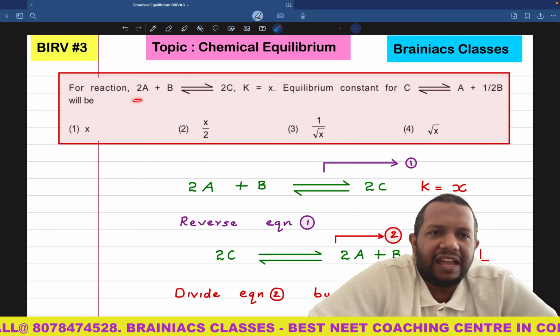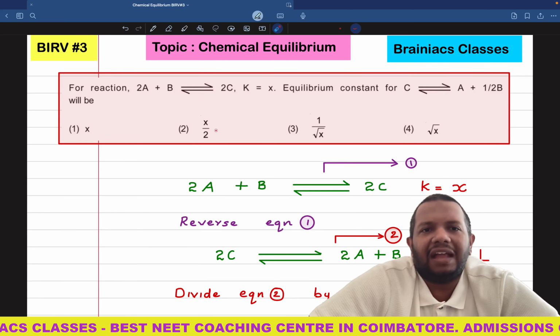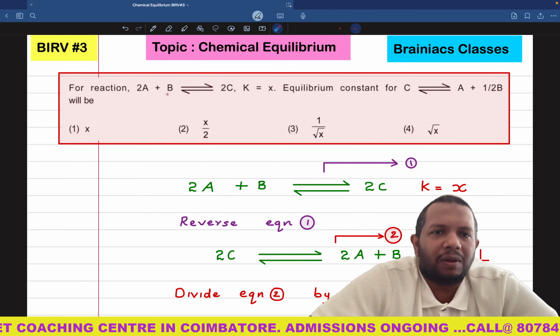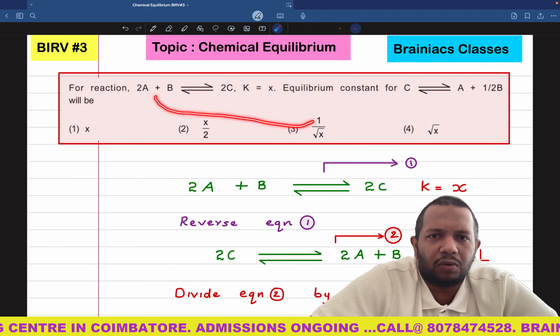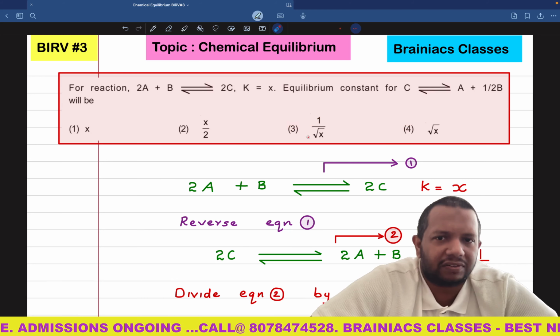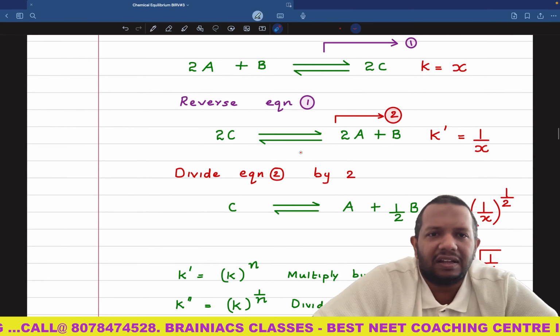So please remember what we have done here. They have given a reaction and they know its equilibrium constant as x. And they are asking you to find out the equilibrium constant of a new reaction. So from this reaction we need to do mathematical operations and convert it to this new reaction. What are the mathematical operations we have done here? Reversing.